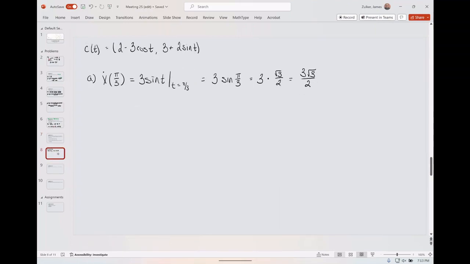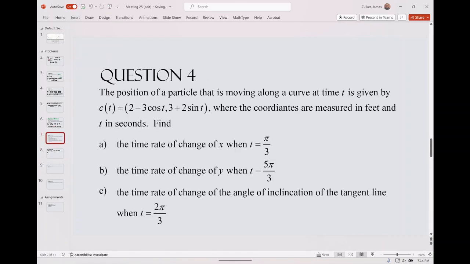Units of x per units of t. Time rate of change of y.